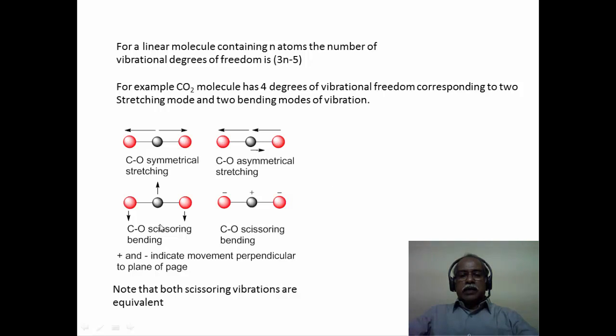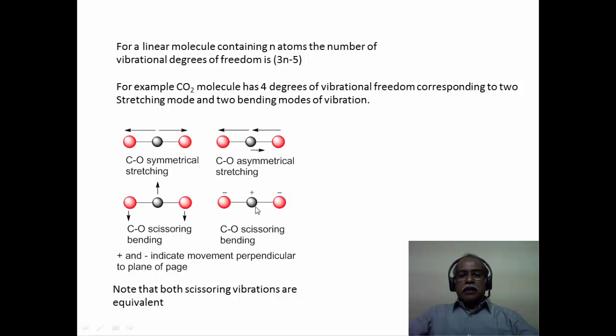Now, there are 2 scissoring or bending modes of vibration in carbon dioxide. If we consider on the plane the bending of these 2 oxygens, making a nonlinear geometry in the process with the simultaneous motion of the carbon upwards and the 2 oxygens downwards, this will be one particular scissoring or bending mode of vibration, within the plane of the paper.